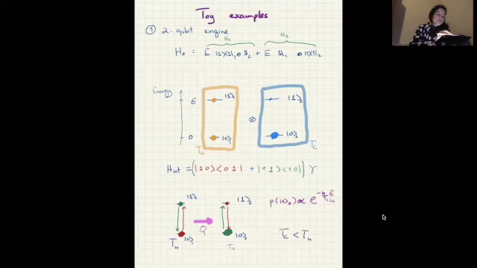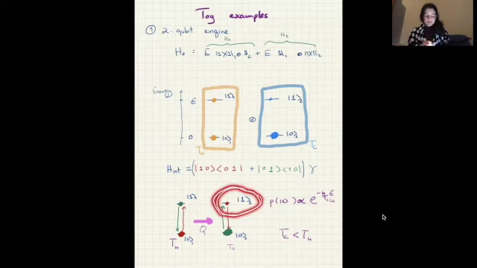So first of all, we will look at exactly what the joint global state is, but what's the probability of this state? So the first qubit being excited is going to be proportional to the population of the overall level, of course divided by the partition function. And the same is going to be true for the second one.